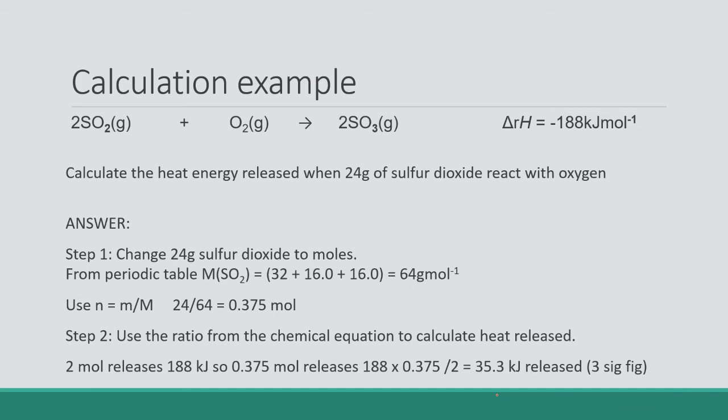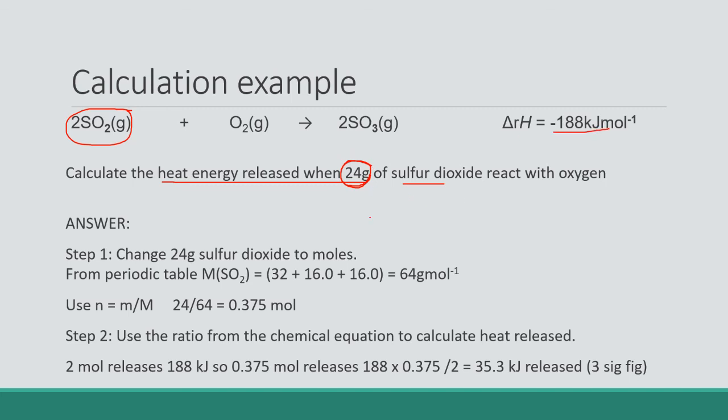In this example, you are asked to calculate the heat energy released when 24 grams of sulfur dioxide react with oxygen. Always look for the numbers, 24 grams. So we can see that 2 moles react with oxygen to form 2 moles of sulfur trioxide, releasing 188 kilojoules.